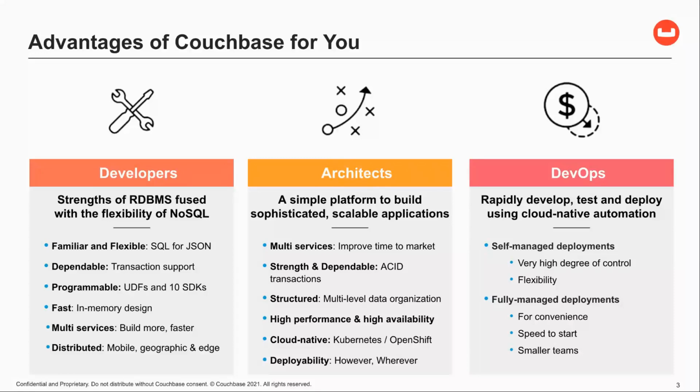JSON allows developers to control schema and data. Fast, it's an all in-memory design. Converged elegance, multi-service, multi-model, document, key value, relational, search, analytics, query, indexing, backup, and data control services. We're distributed over mobile, geographic, and at the edge.